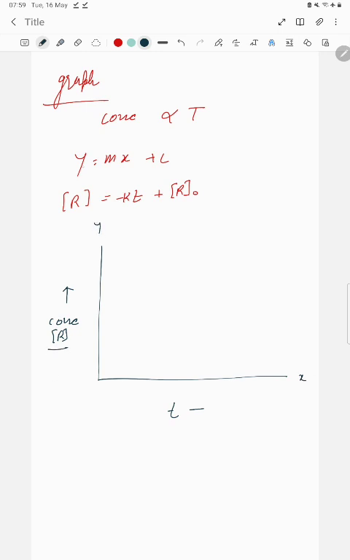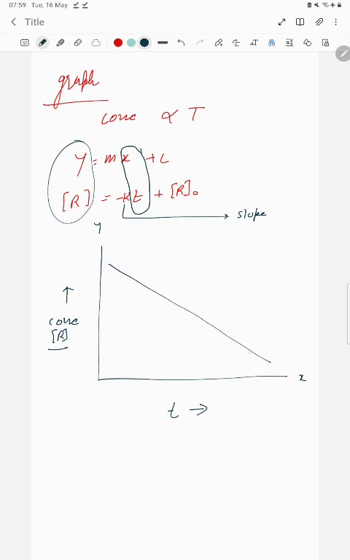So the y-axis is the concentration and the x-axis is time. m we know is the slope. This is the slope. It is going to be negative, so we can draw it like that. So slope is equal to minus k.